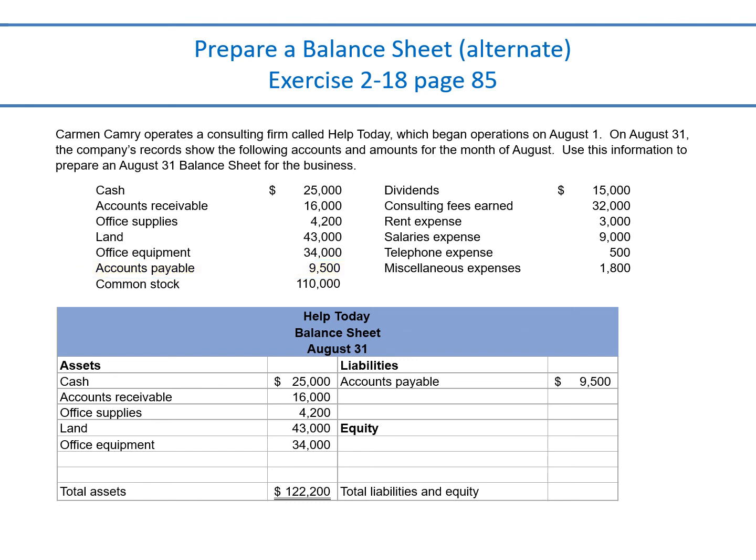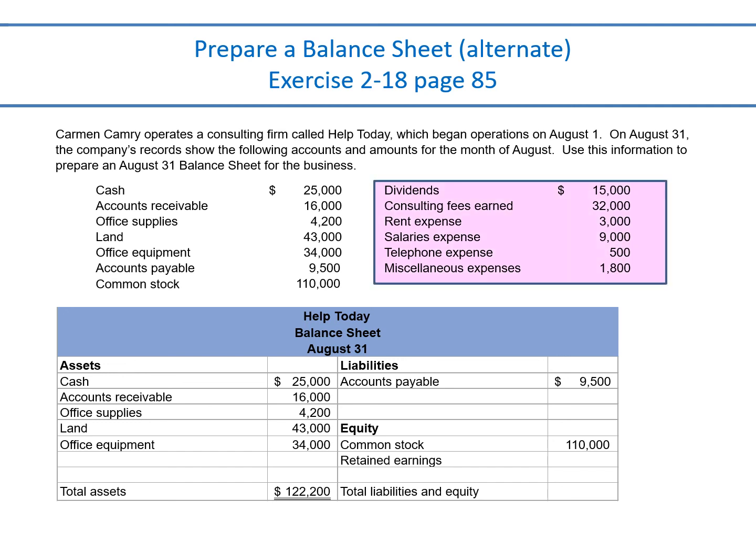Then we have accounts payable, which is our only liability account, $9,500. Then we have common stock of $110,000. We have the retained earnings balance that you computed from your previous statement, which is your beginning retained earnings, in this case 0, less your dividends of $15,000, plus your revenue of $32,000, less your expenses, or otherwise said, the net of your revenue and expenses, net income or net loss.